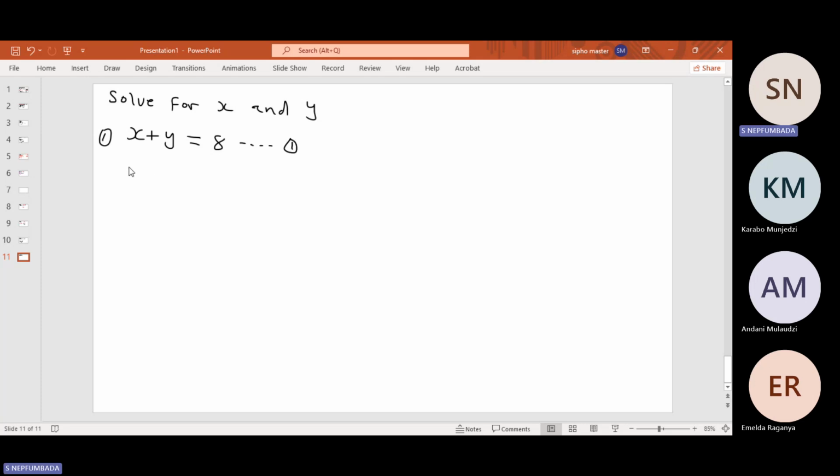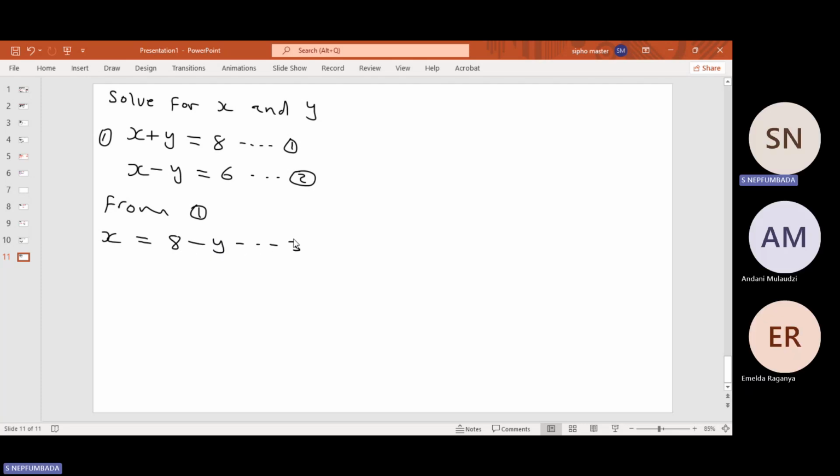The equations: x plus y is 8 (equation 1), and x minus y is equal to 6 (equation 2). So for x and y, from our first equation, we make x the subject of the formula and we get that x is equal to 8 minus y. This is our equation 3. We sub 3 into 2.